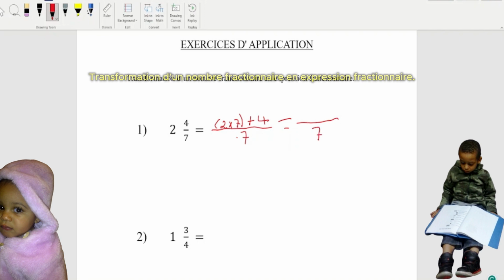Okay? So 2 times 7 equal 14 plus 4. Okay? And then equal, so 14 plus 4 equal 18.